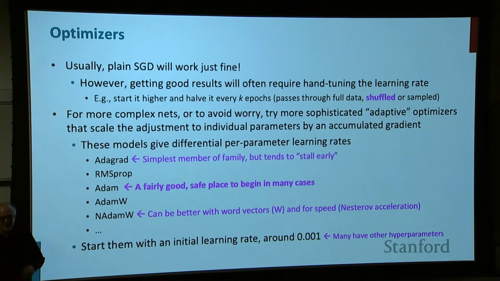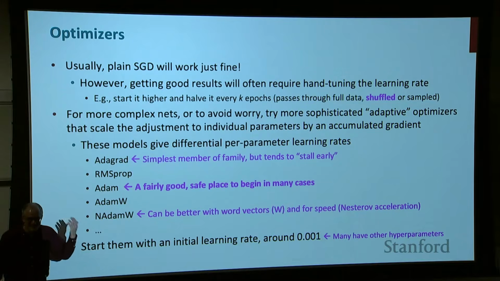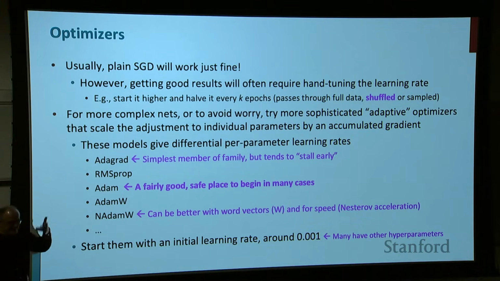And then, again, there's a whole family of extra ideas that people have used to improve optimizers. And if you want to learn about that, you can go off and do an optimization class like convex optimization. But there are ideas like momentum and Nesterov acceleration and things like that. And all of those things people also variously try to use. But Adam is a good name to remember if you remember nothing else.